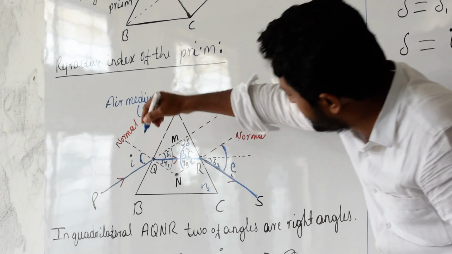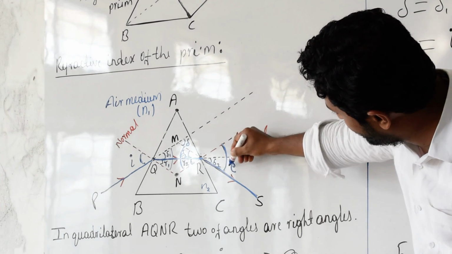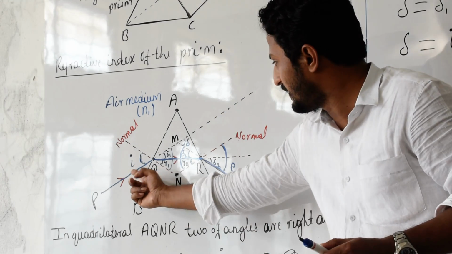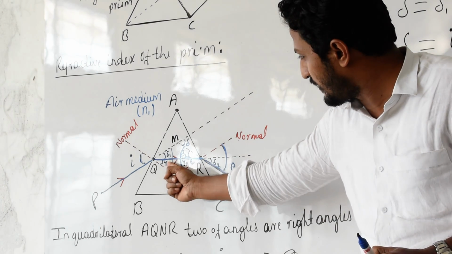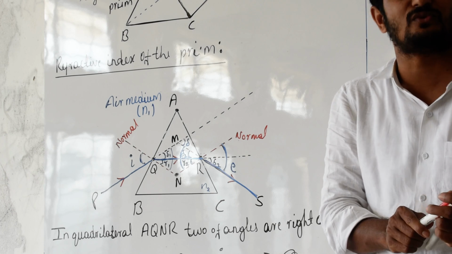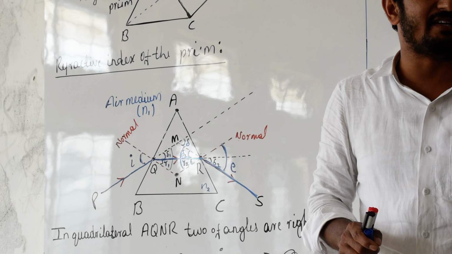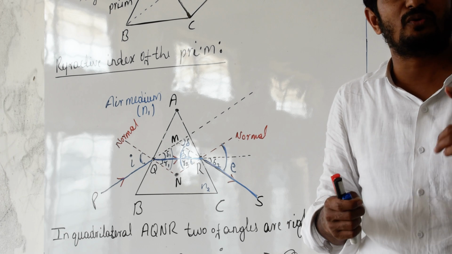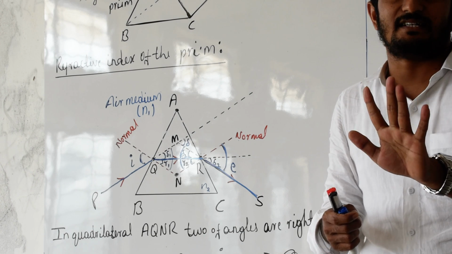Now you see here, this is the angle of incidence and this is the angle of emergence. These are R1 and R2, leave them. For that minimum deviation, we are going to get only one angle of incidence.